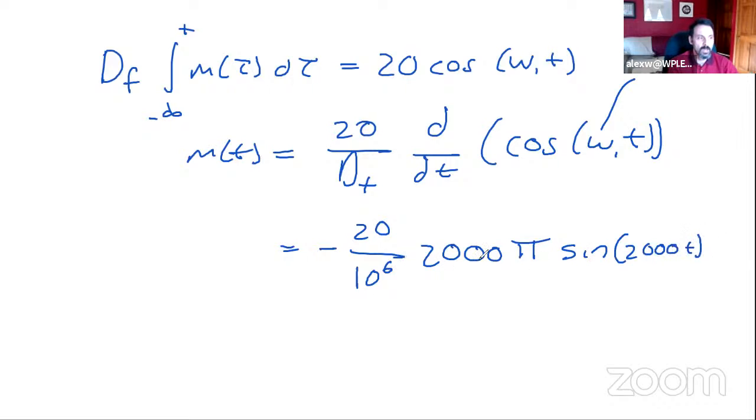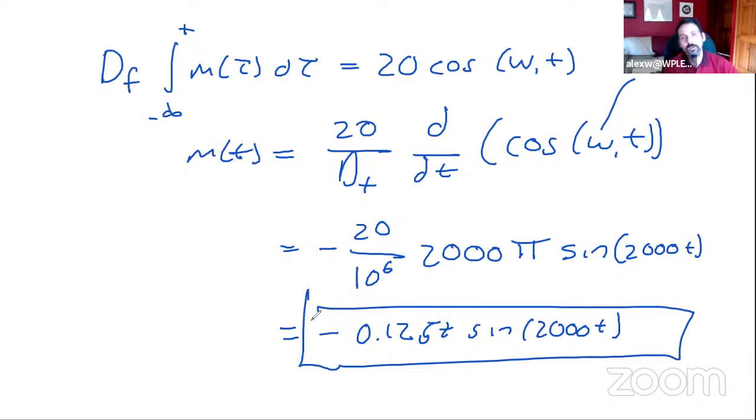Yeah, okay. And now if we work out all the mathematics, what we would get is 0.1257 sine 2000 t. Okay? So that's a way where you use the definition in order to get that signal. All right, this is all cool.